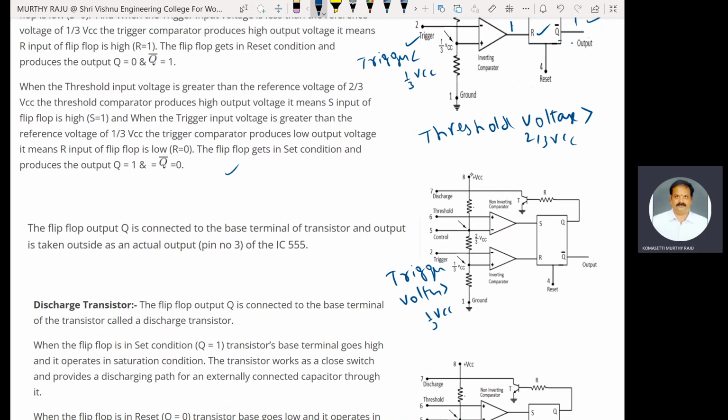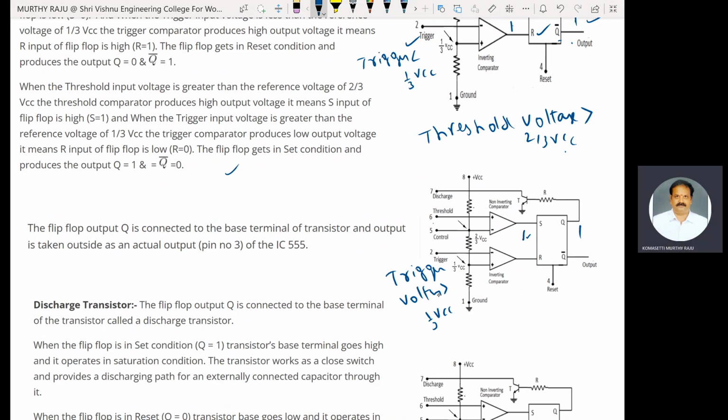When the threshold input voltage is greater than the reference voltage, 2/3 VCC, the threshold comparator produces high output, because the sixth pin of the IC is connected to the non-inverting terminal of comparator 1, that is at positive. Therefore, the comparator produces high value, S is equal to 1, Q is equal to 1.